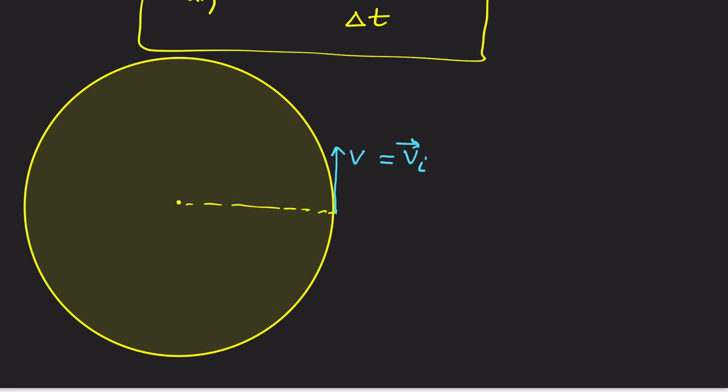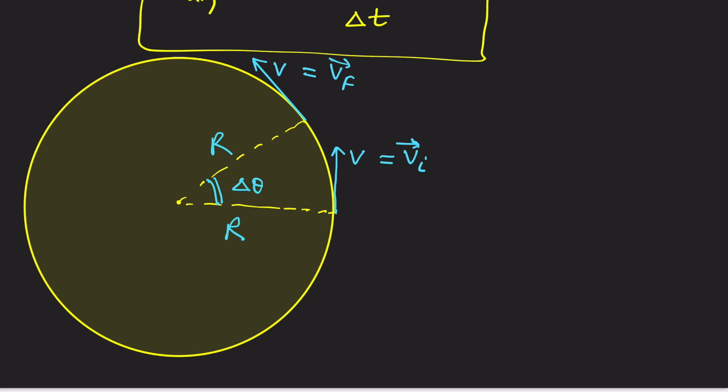And suppose after some time the particle has gone here, and this is your v again, but this is your v final vector. Let's say the particle has traveled delta theta. The radius is R.